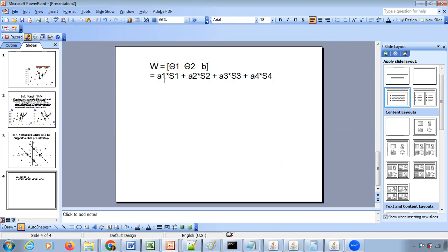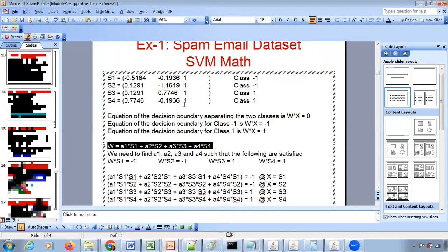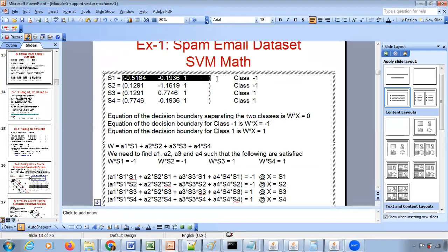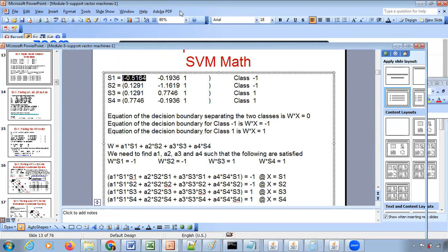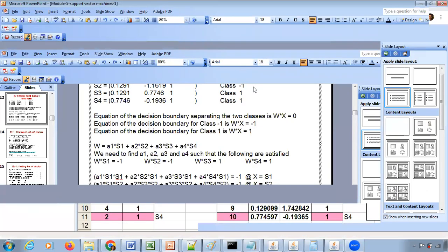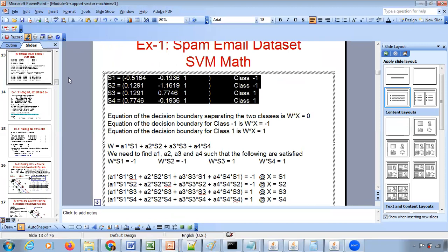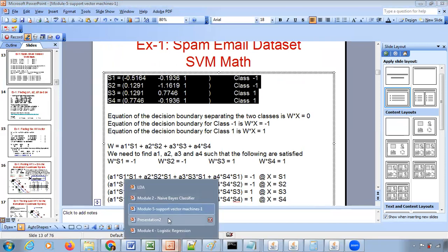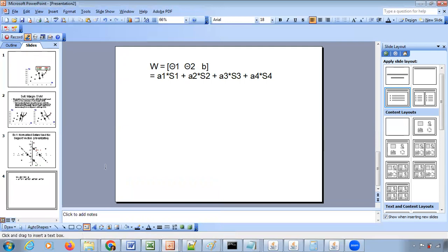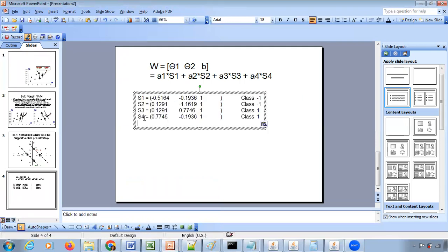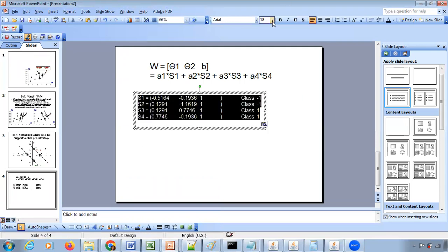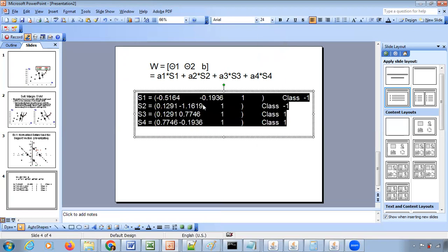But remember, S1, S2, S3, S4 are simply the support vectors, these data points here. They're nothing beyond this. Each of S1, S2, S3 also has three terms, so let me copy this. They each have three terms in each support vector.